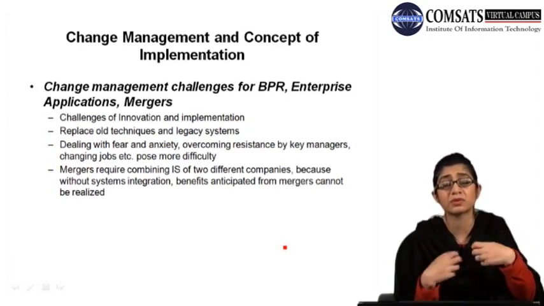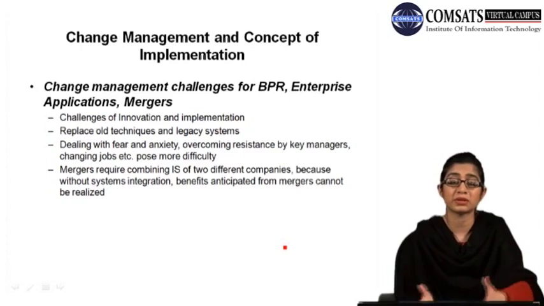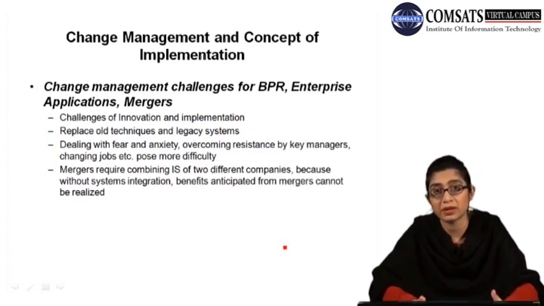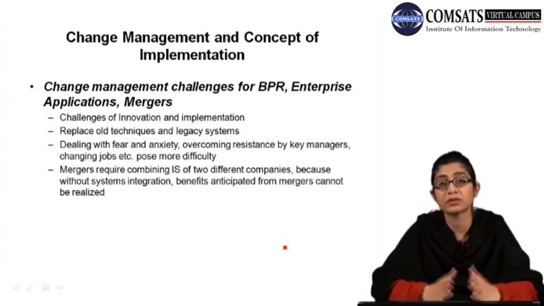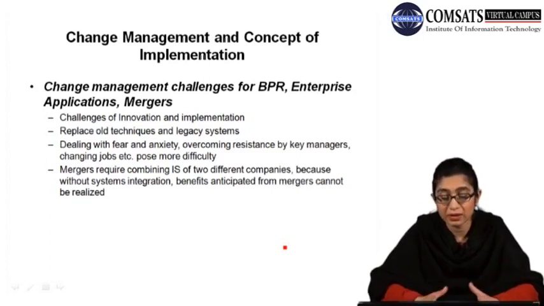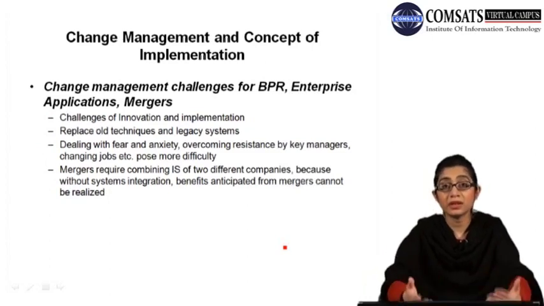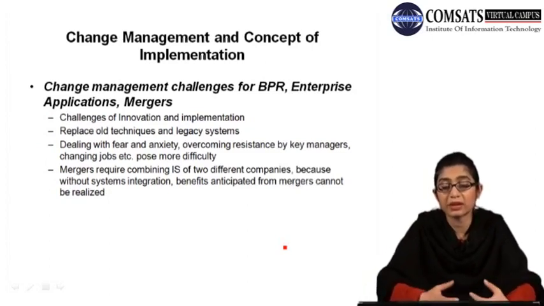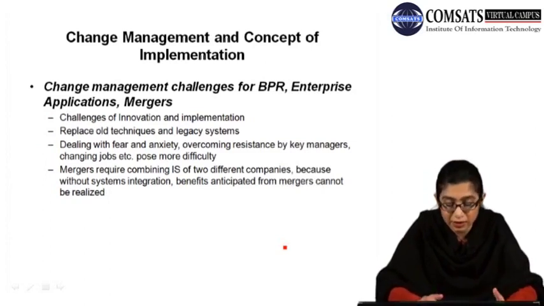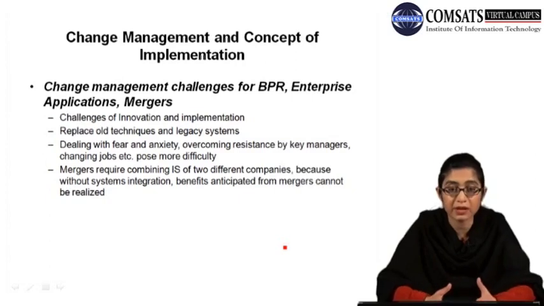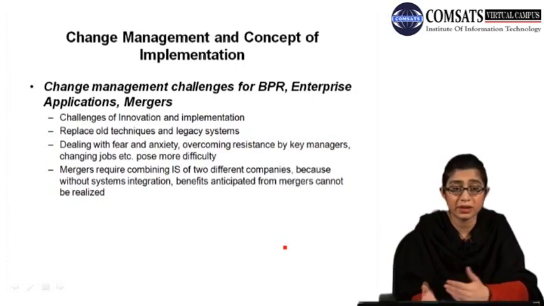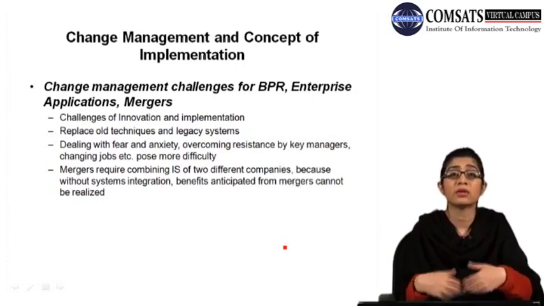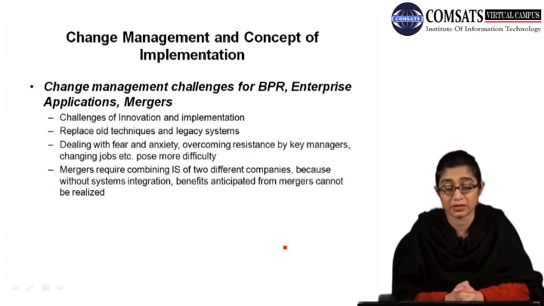These questions pose more difficulty than the simple question of how we are going to implement the enterprise system or do the business process re-engineering or overhaul the system. Those are easier, but dealing with people and with the resistance that can be caused by key managers is much more difficult, and that needs proper planning simultaneously, side by side, when you want to go for a complete radical change in the business.